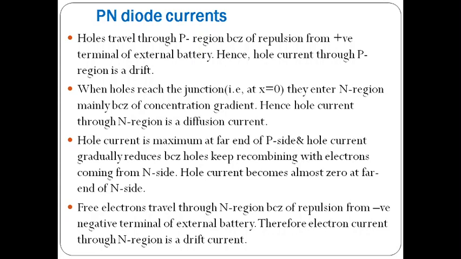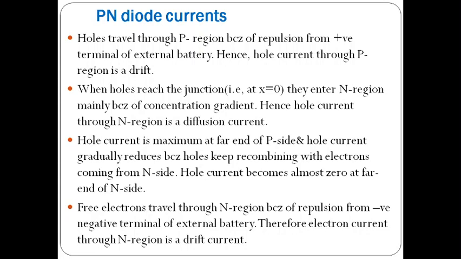At the junction, holes are accumulated. On those holes, the electric field is applied, and we can also observe the concentration gradient. Compared to the effect of the external battery, the holes are moving into the N region because of the concentration gradient.